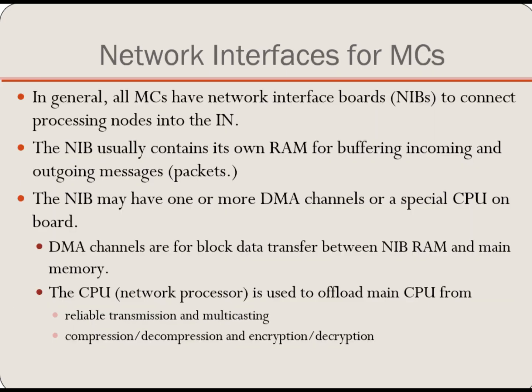For this network behavior or capability, every switching node, or node in the direct network, will contain a network capability. In general, we need to have a network interface board in each node, or in the switching node.